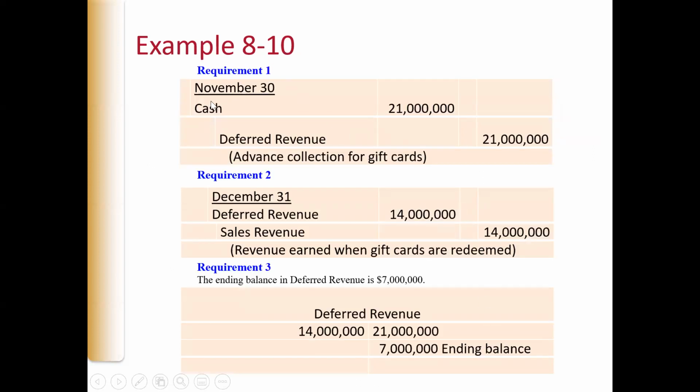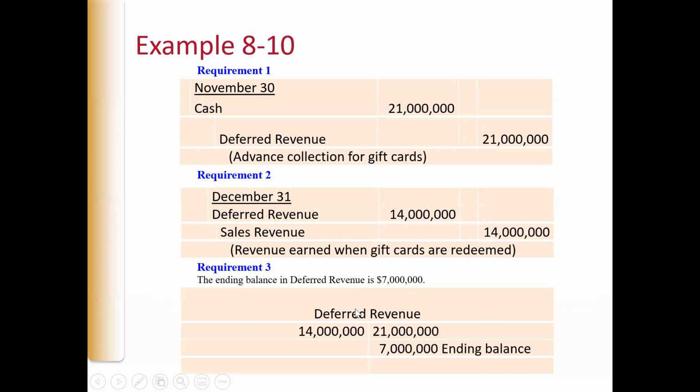So when they receive the cash on the gift cards, we debit 21 million cash and credit the deferred revenue of 21 million. In December, when 14 million were redeemed, we're going to debit that deferred revenue and credit our sales revenue for 14 million.